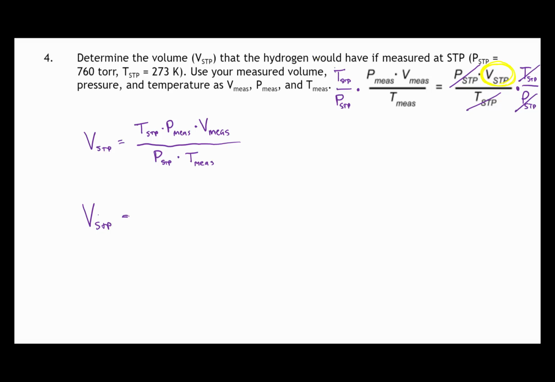needs to be adjusted. So to determine the volume it would have had at STP, I'm going to take the temperature at STP, which is 273 kelvins, multiply that by the pressure that we measured. Recall that's going to be the pressure of the hydrogen gas by itself.